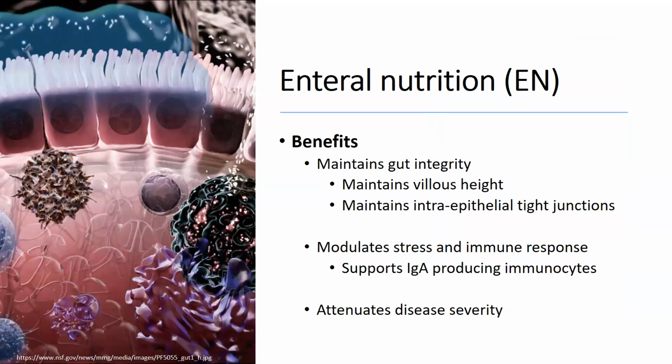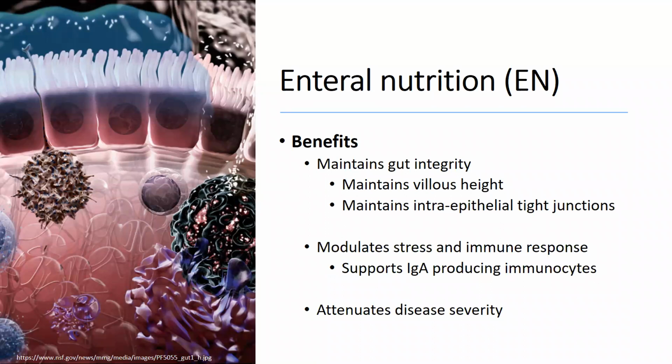Someone had highlighted the benefits of enteral nutrition earlier. And the main benefit is really maintaining that gut integrity. So your intestinal epithelium has different areas that function for protecting our immunity and preventing the translocation of gut bacteria.